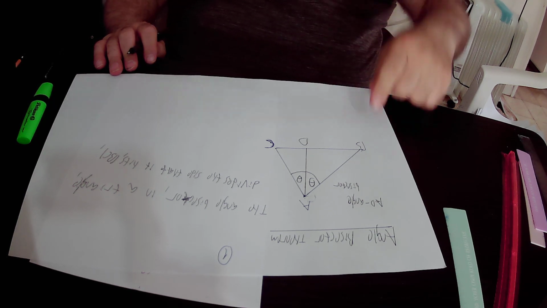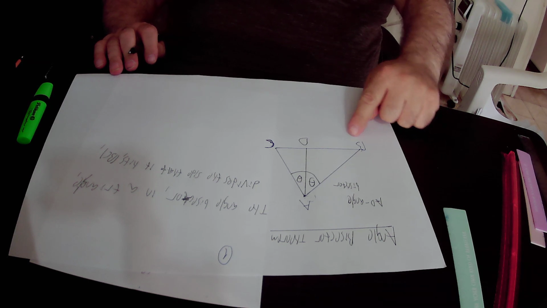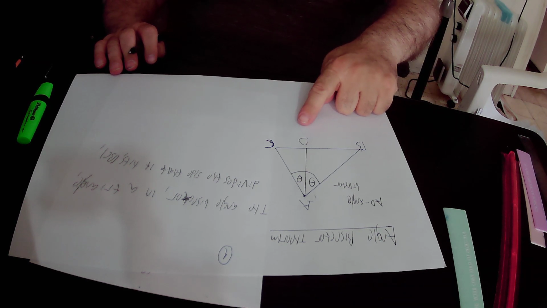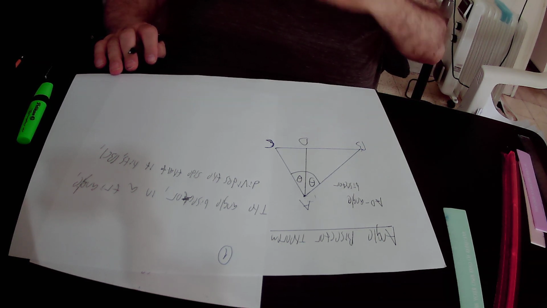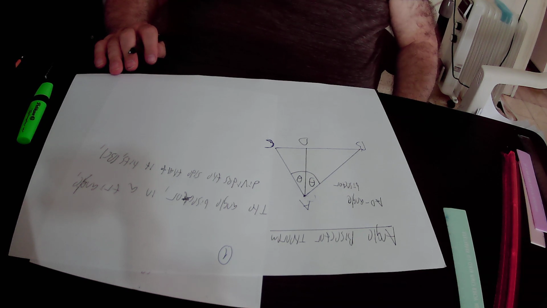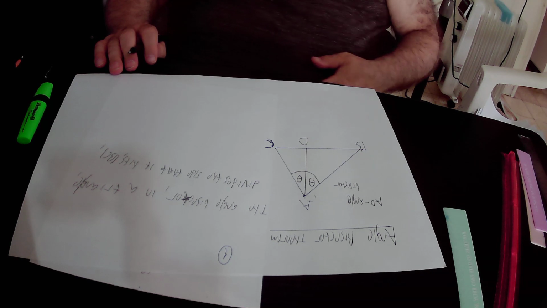The first part is BD and the second part is DC. And the ratio between those two parts is BD over DC.